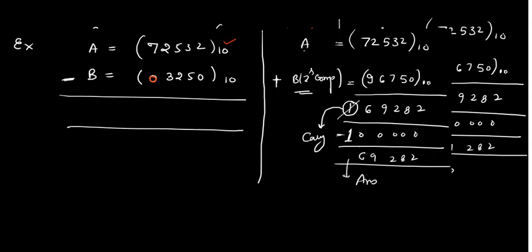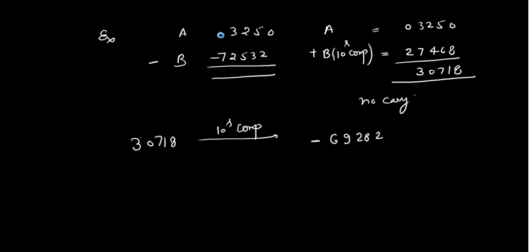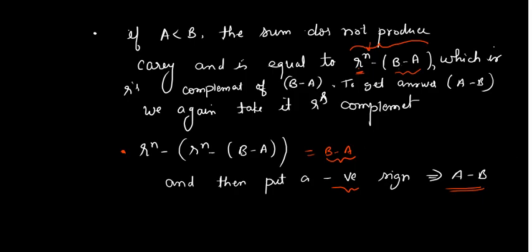This is a 5-digit number, and if you get a 6-digit number, just ignore that digit and you will get the answer. The answer is 69282. You can also check it from here. So the answer is right. This satisfied case 1, when A was greater than B.